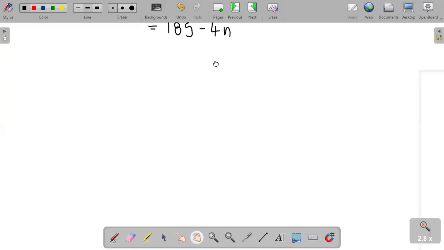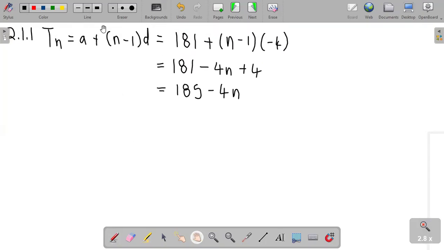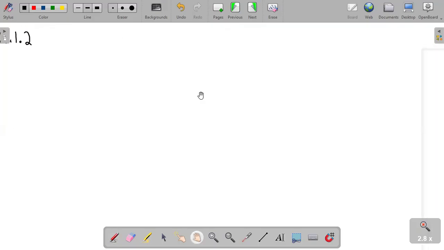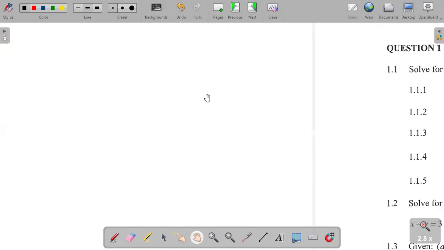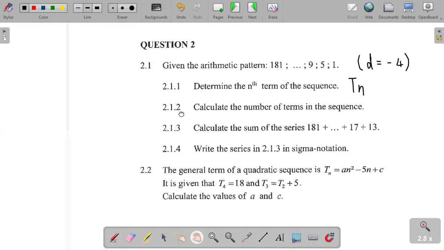And then 2.1.2. What do they want here? So 2.1.2.